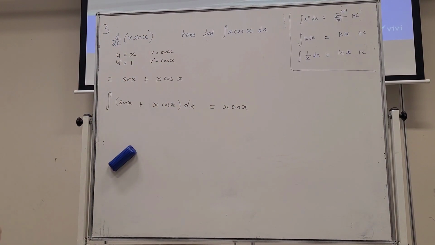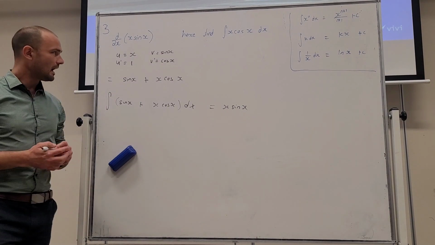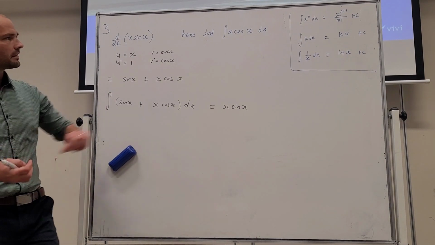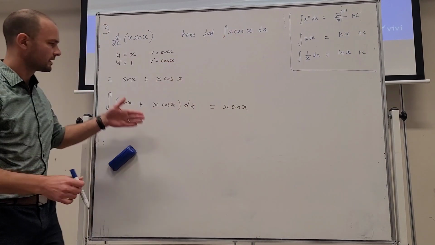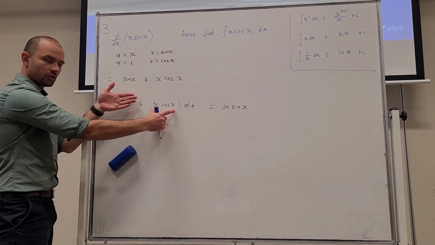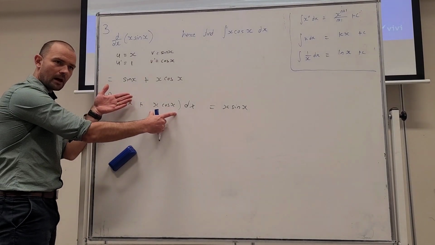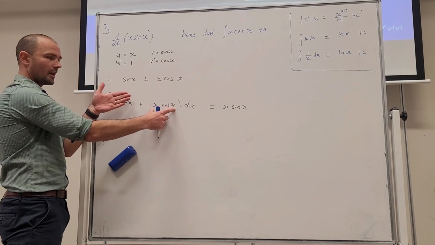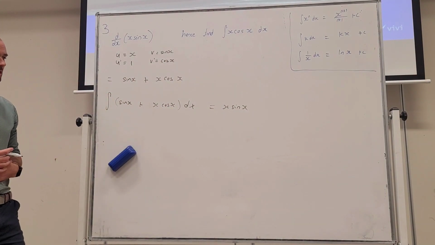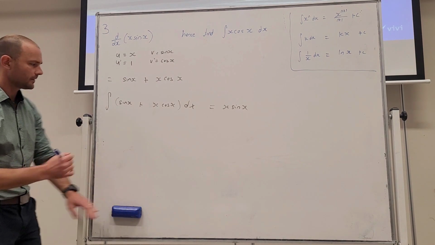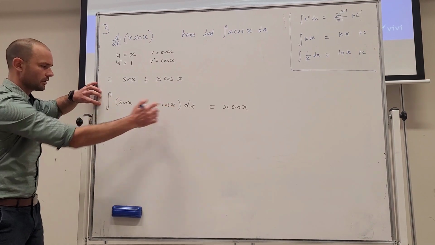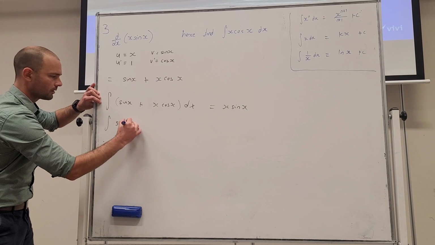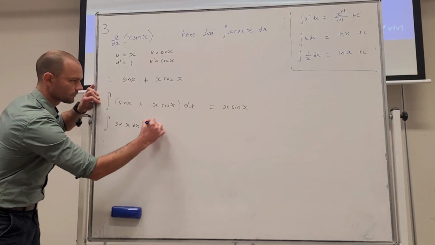All right, now we're very close. We are asked to find the integral of x cos x, which means they just want to know what's the integral of this part. We don't have a rule to integrate a product, so we're going to have to perform some manipulation here. Now, one of the properties of integrals is that we integrate term by term. So I'm going to separate the integral.